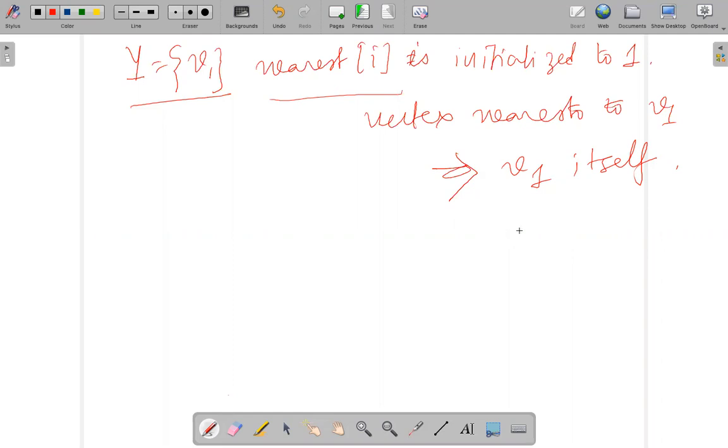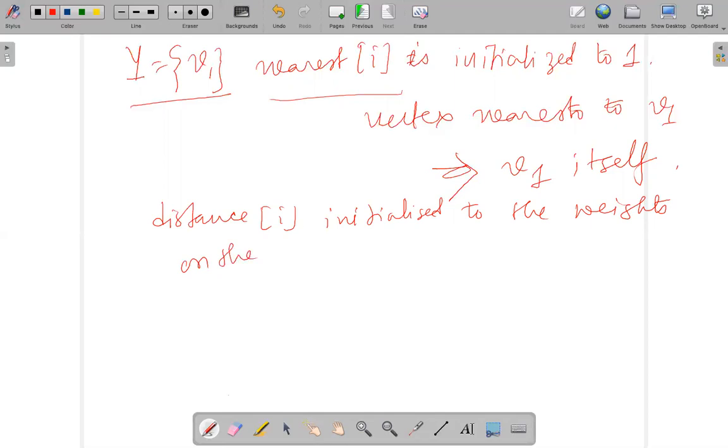Okay, and distance I is initialized to the weights on the edges between the vertex in nearest I, that is v1, and all the Vi's.